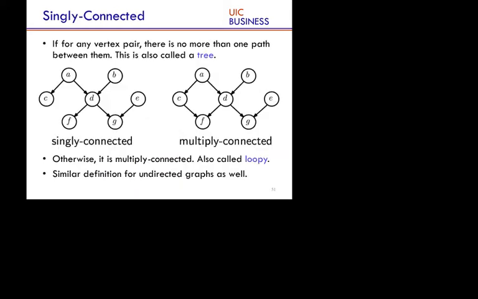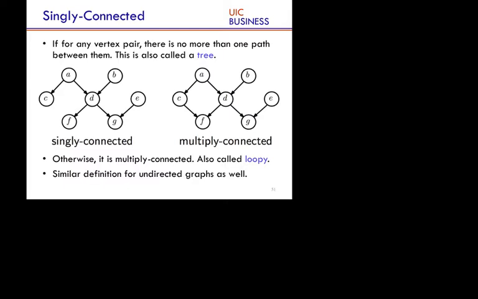Very close to the notion of connectedness is something called singly connected, which just means that there's no more than one path between them. So when you don't have more than one path between any pair of vertices, then it's called singly connected or just a tree. Okay. So if you use random forest, you should know what a tree is, or a decision tree actually.